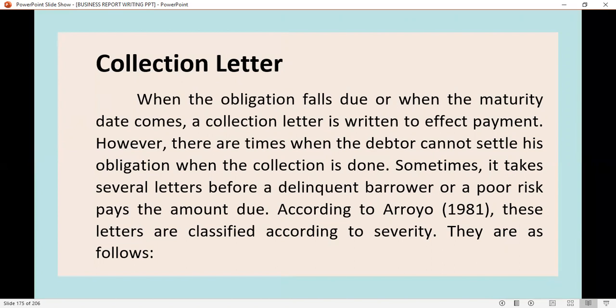Sometimes, diba, if you have experienced this already, if you are the one who is paying the bills at home, you might experience this, that it is already the due of your bill, but you still have no resources to pay it.